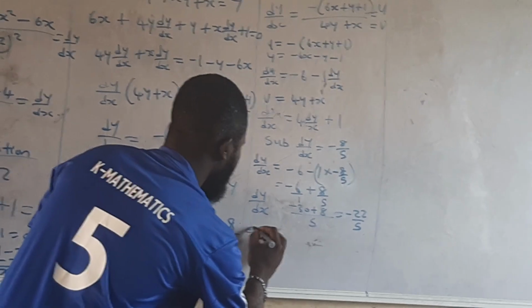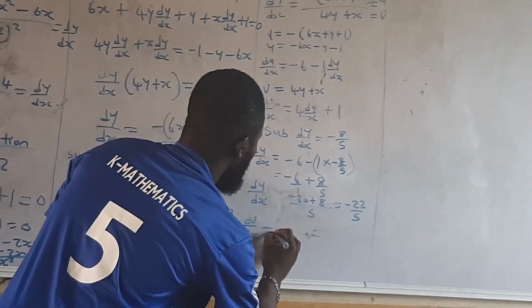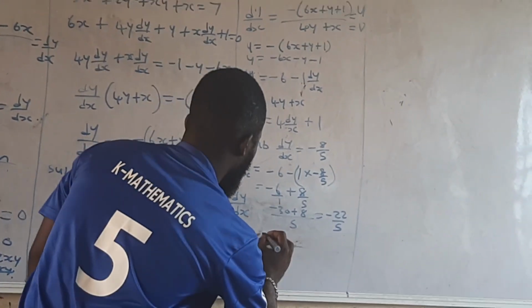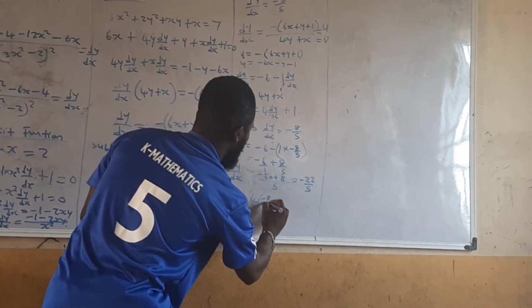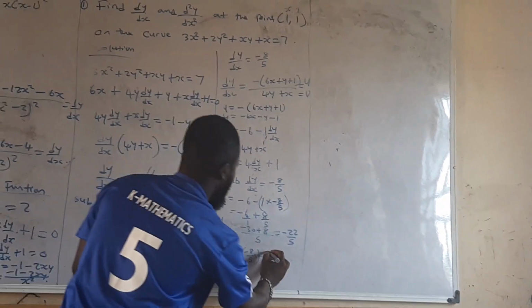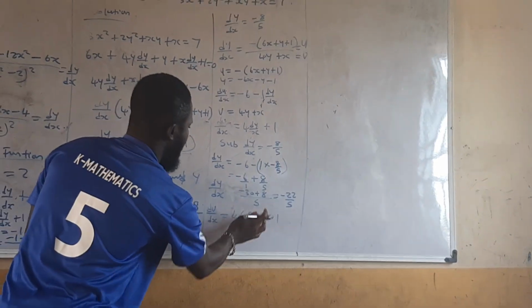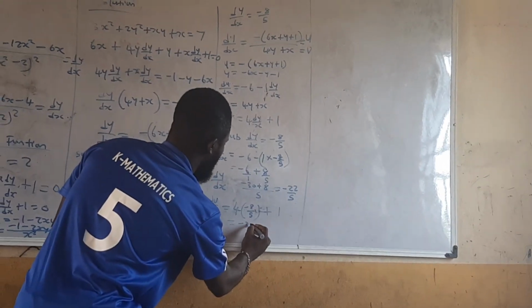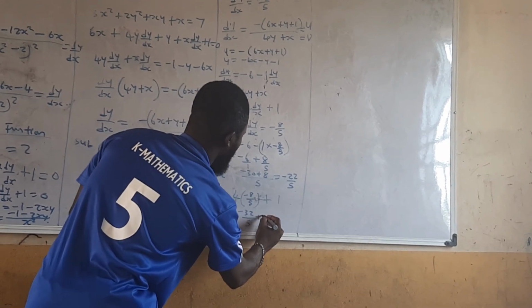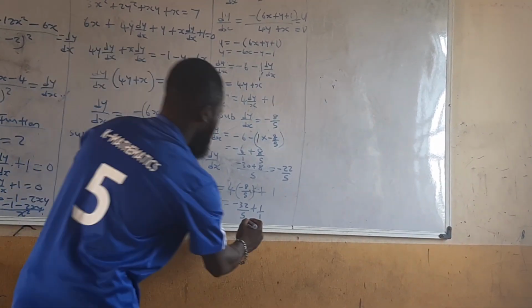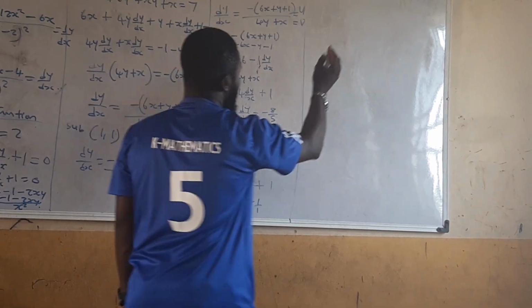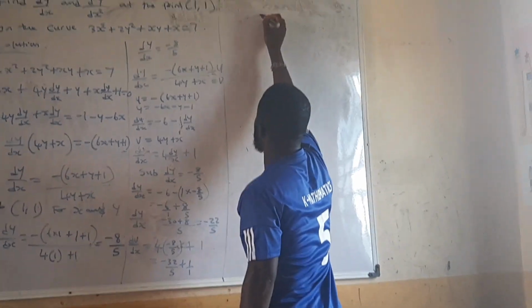Then we'll find our dv/dx, which is 4 into bracket dy/dx, which is times minus 8 over 5. Then plus 1. 4 times 8 is 32. That's minus 32 over 5 plus 1. So if you find the LCM, the LCM is 5.